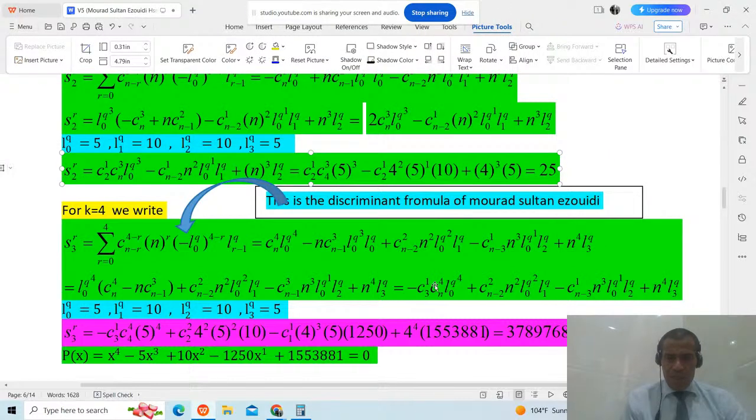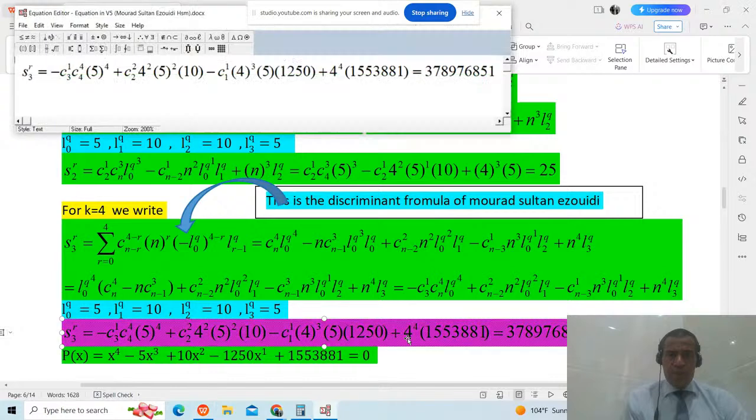Okay, S1 done. Now move to S2. Learners, we told that this is 5, calculated before. This is 10. I will calculate the value of this.